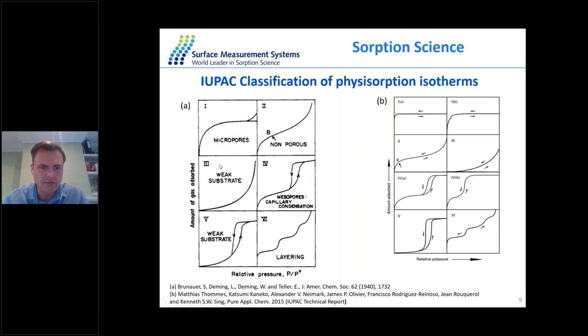Typically for MOFs, we look at type 5 or type 3 isotherms, depending on the chemistry. Microporous materials, typically zeolites, have finite adsorption, and type 4 is described by capillary condensation. I'm not going to describe all of them.